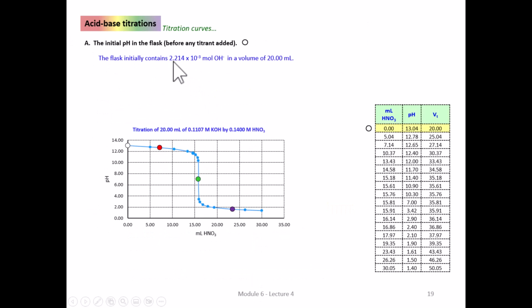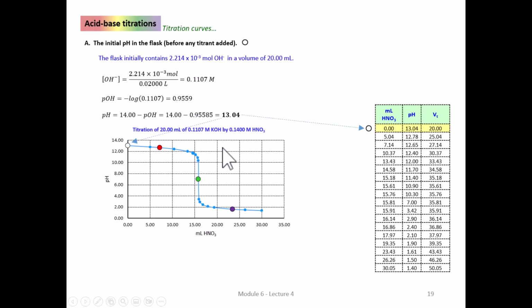So the flask initially contains 2.214 times 10 to the minus 3 moles of hydroxide in a volume of 20 milliliters. So the concentration, of course, is 0.1107 molar. And so the pH would be 13.04, as we can see on the titration curve and on the table here.